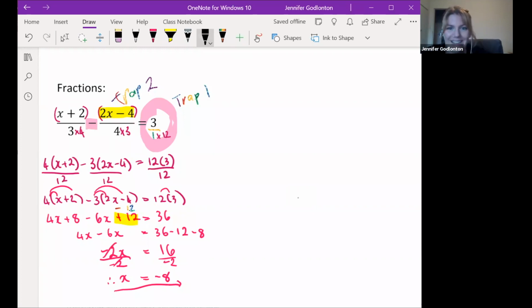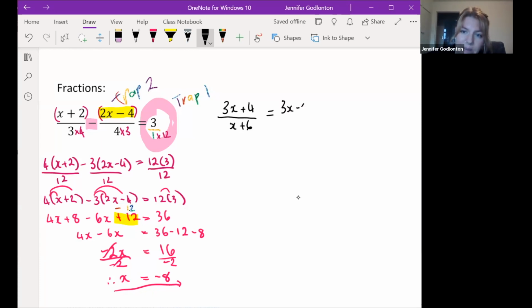Oh, that's amazing. Okay, so now this is the easy version. Now you're going to do the harder version. Okay, so 3x plus 4 over x plus 6 is equal to 3x minus 2 over x minus 3 minus 21x over x squared plus 3x minus 18.